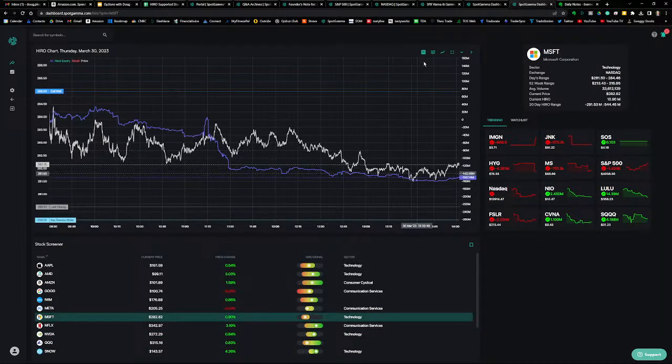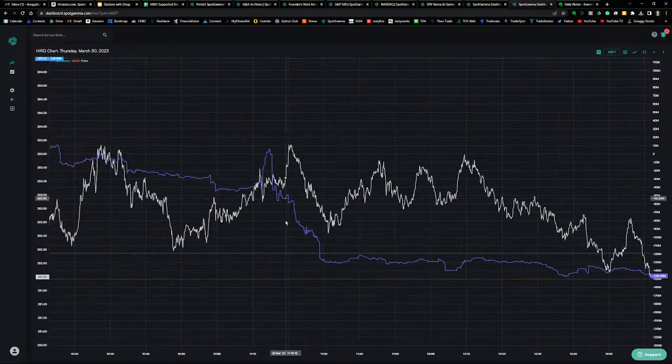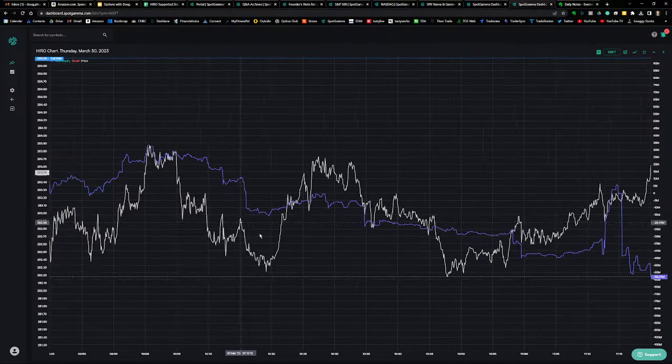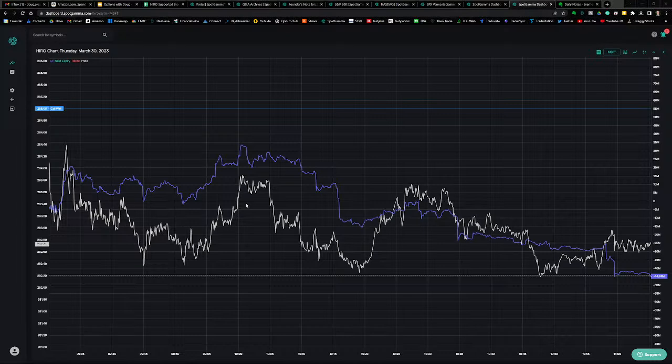And Microsoft order flow and hedging flow did not confirm a bullish setup. We can zoom in on the morning, and in Hero, there was a slight pop, or a slight move higher in Hero.